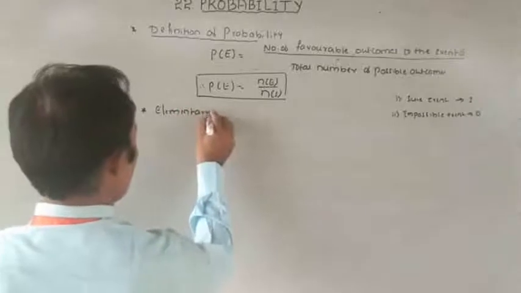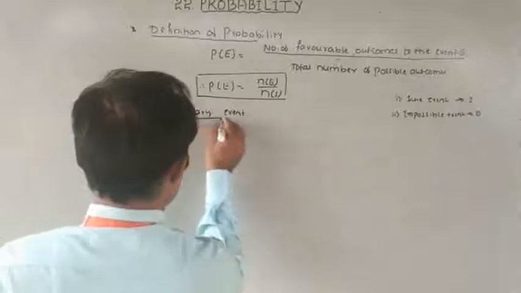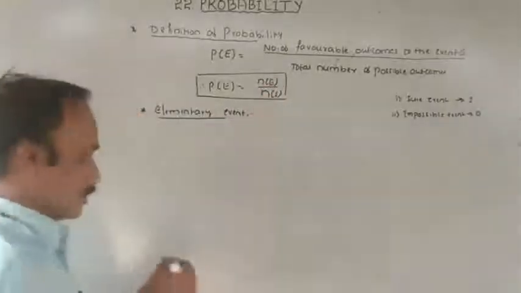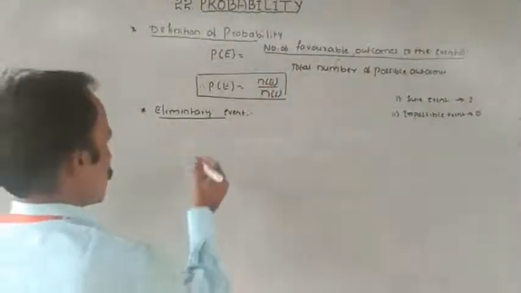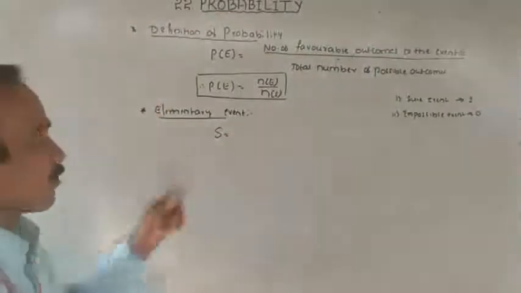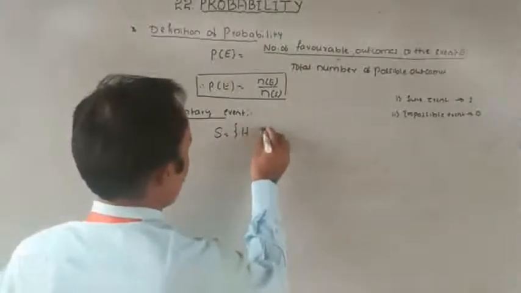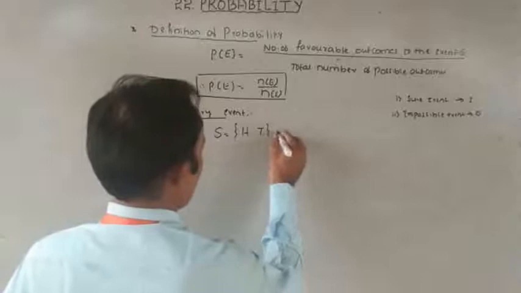Please note down all these definitions in your classwork notebook. Please don't neglect. Elementary event. Consider a random experiment, tossing a coin once. Sample space: head appears or tail appears.